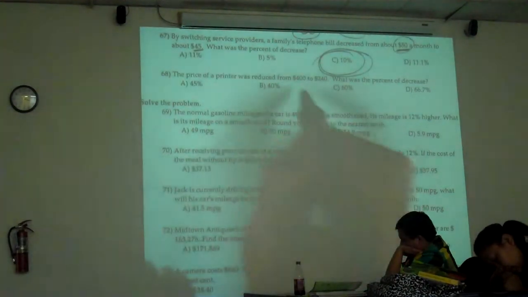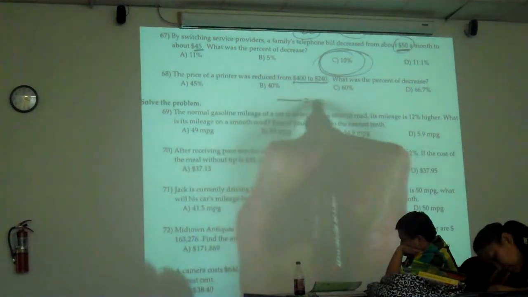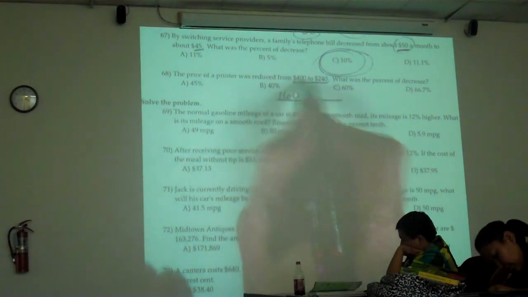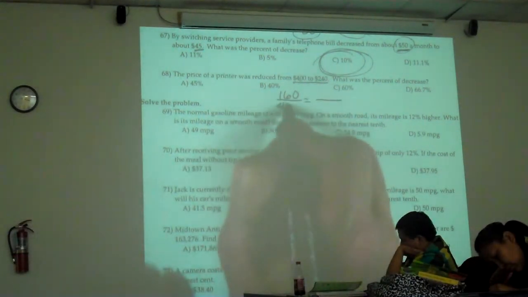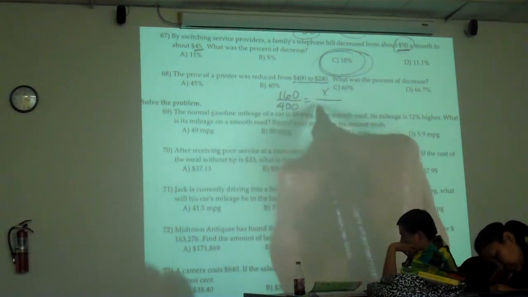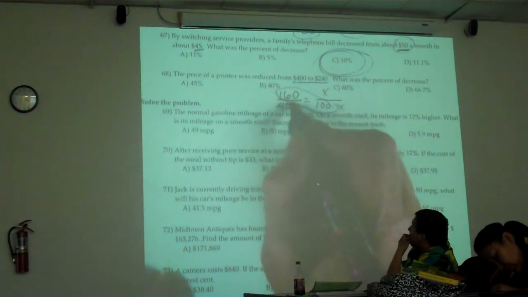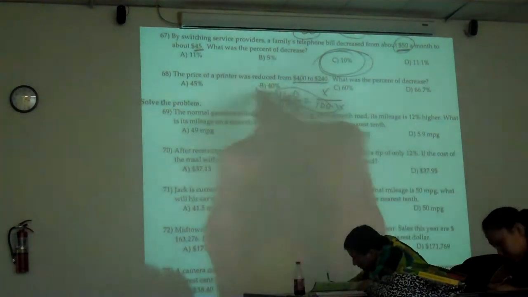The price reduced from 400 to 240. What's the change? What did it change by? 160 when you subtract it. And what was the first number? 400 was the first number. Percent over 100. Multiply, divide. 40? 40.